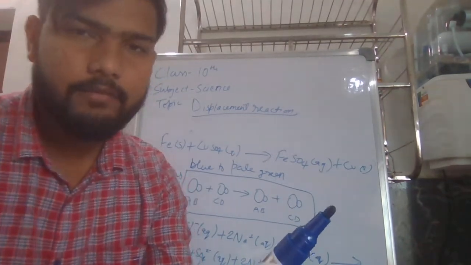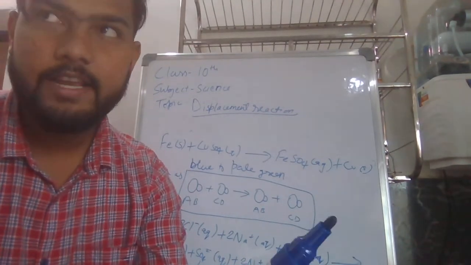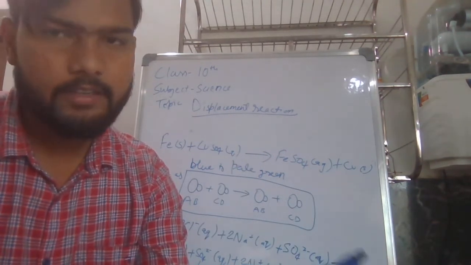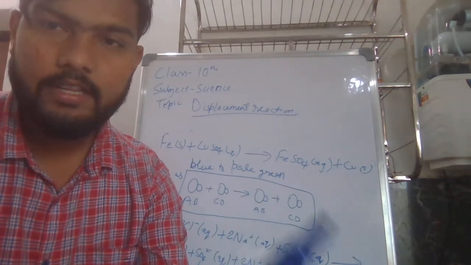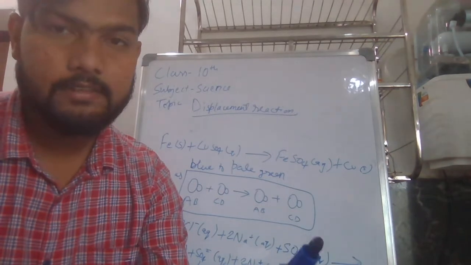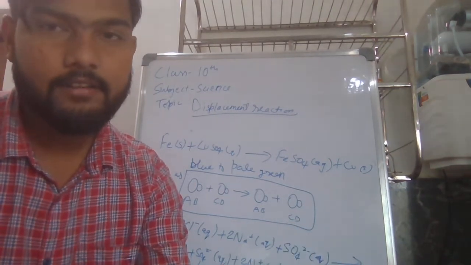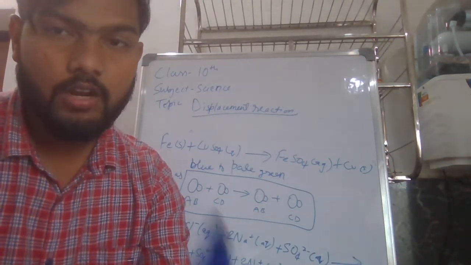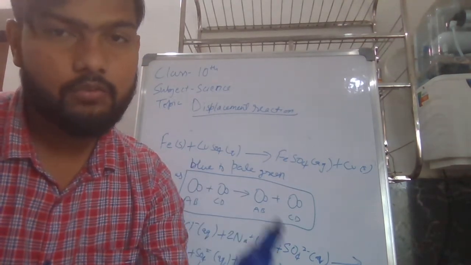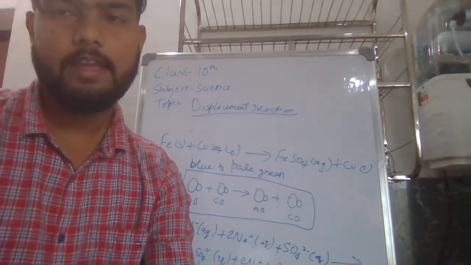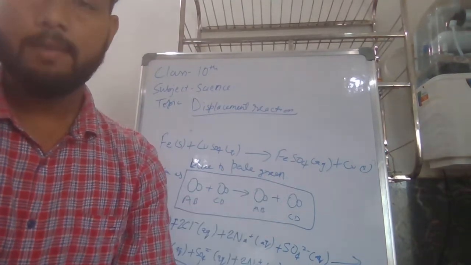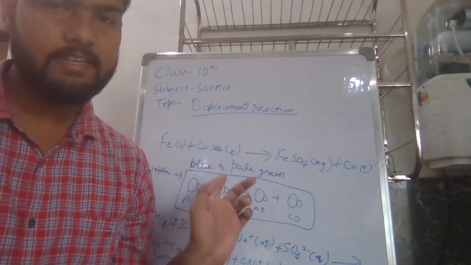After that we learned about single displacement reaction, in which one element is substituted for another element in a compound. Third, double displacement reaction is defined as the chemical reaction in which one component each of both reacting molecules is exchanged to form the product.